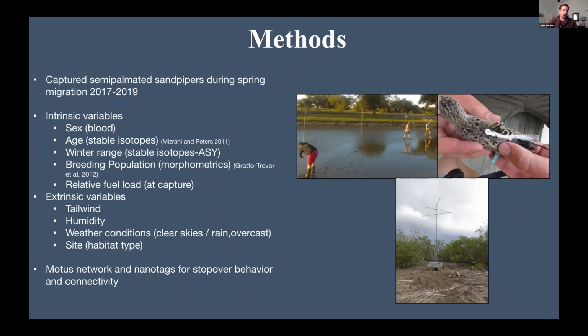We calculated relative fuel load and also looked at some environmental variables of weather, tailwind, humidity, weather condition, and habitat types of sites. So we're comparing the two different sites of Rockefeller and Grand Isle. And to look at stopover behavior, we used nanotags in the MOTUS network to look at duration, stopover behavior on the Gulf, and for connectivity.